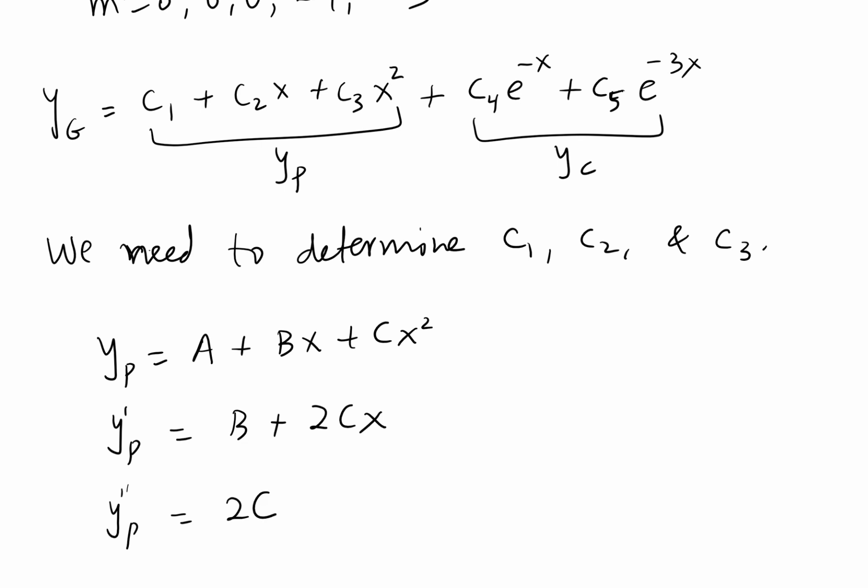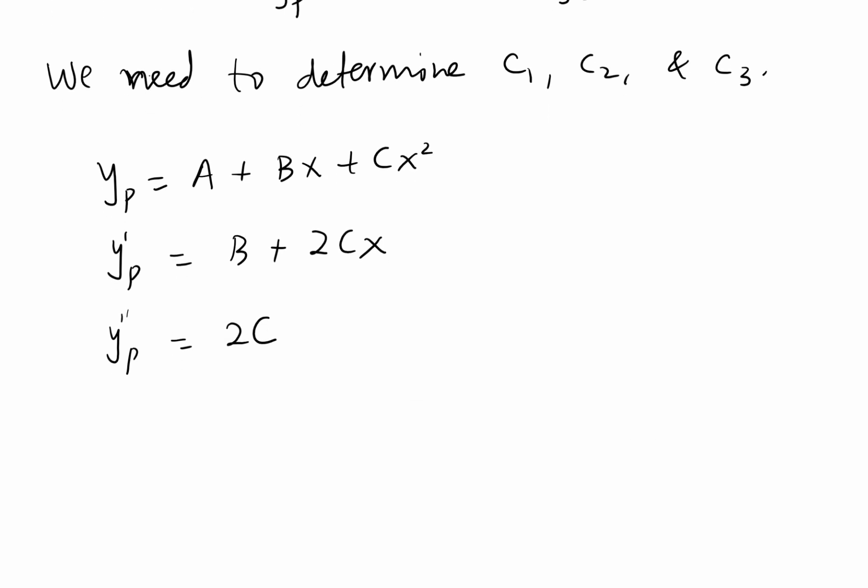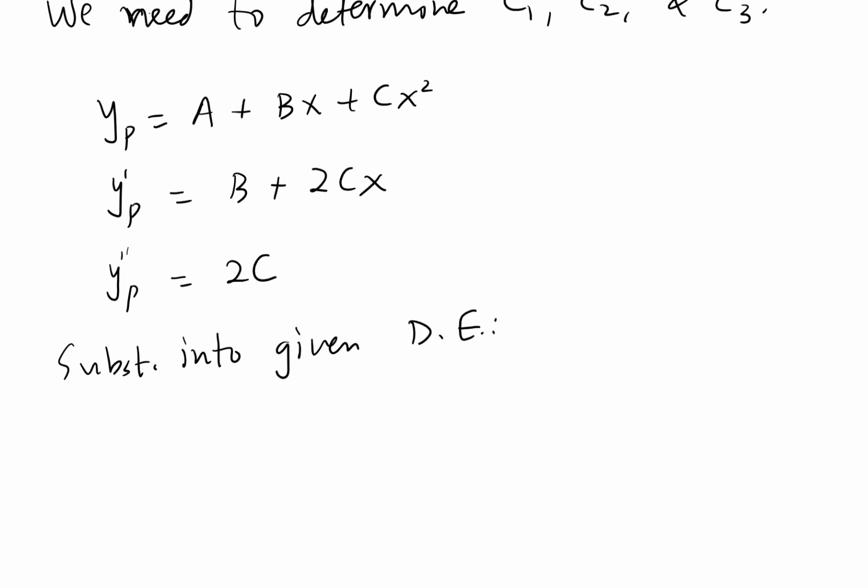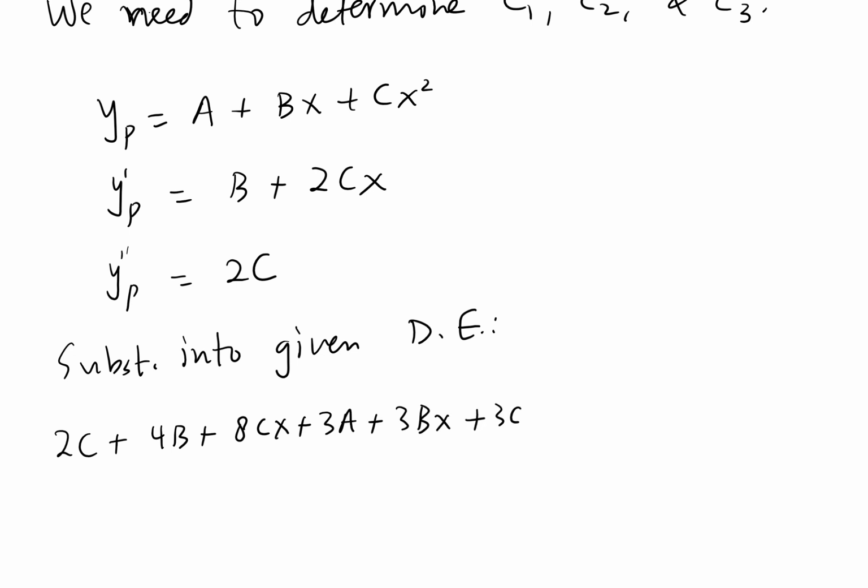Now we substitute all this into the given differential equation. So what do we get? We get 2c plus 4b plus 8cx plus 3a plus 3bx plus 3cx squared equals 4x squared.